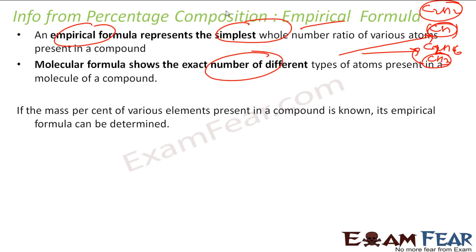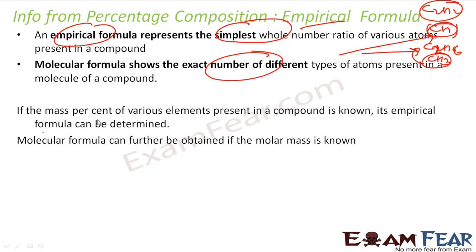Please note, if the mass percent of various elements is known, we can get the empirical formula. But to find the molecular formula, the actual molar mass of the compound has to be known. We'll take some examples to explain this.